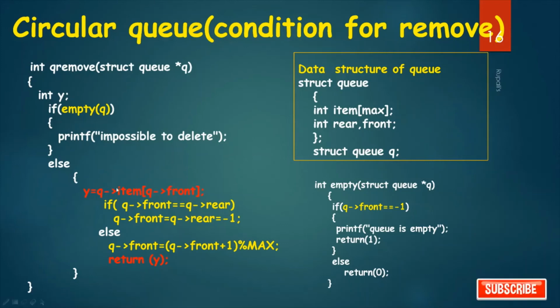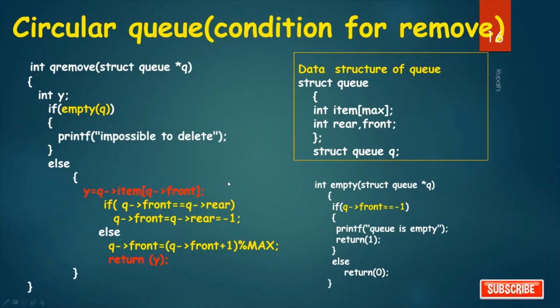So q arrow item, q arrow front, and store that item to the variable y. I declare y here and return y here. So I repeat, collect that element pointed by q arrow front, and return that element: y equals q arrow item, q arrow front.